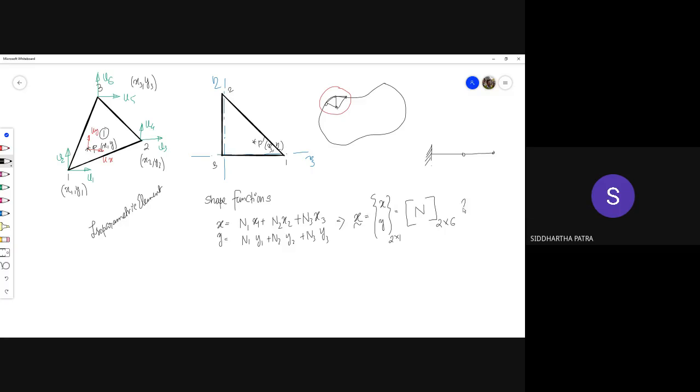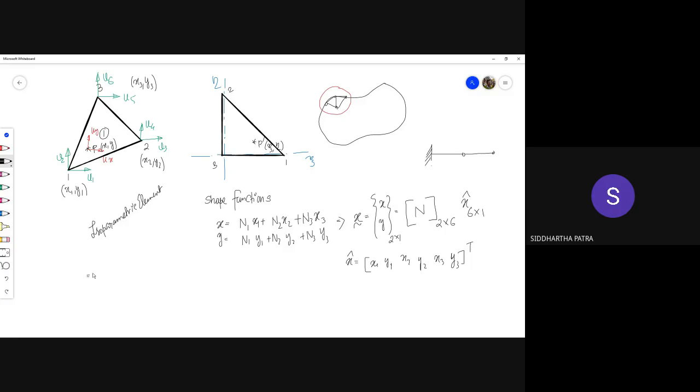Now what is x hat? x hat is a vector of 6 cross 1, so it is x1 y1 x2 y2 x3 y3, this whole thing transpose.